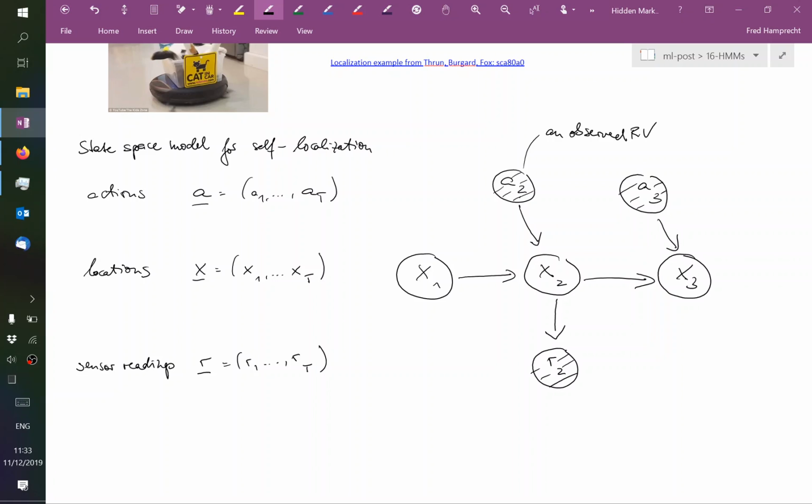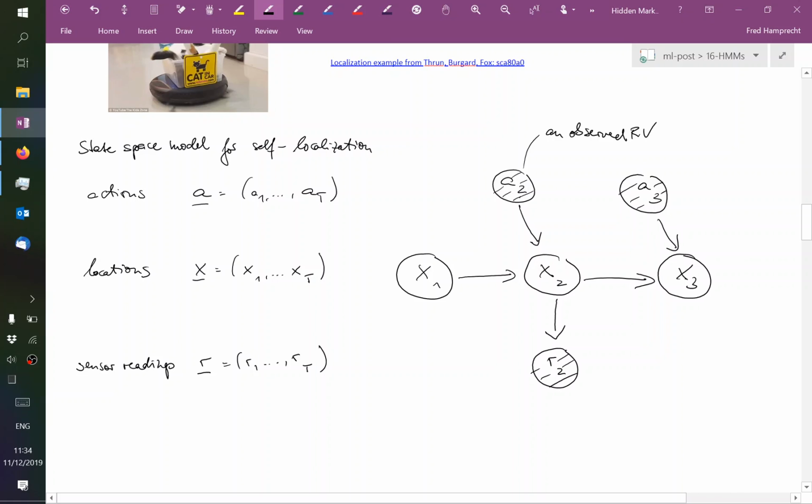So x is where we are, R is what we have measured. Not really, huh? So where we are depends on where we were before, but not what we measured before. So there's no, I'm trying to avoid the word causal, but there's no immediate relation between what we have measured before and where we are now. The only thing that matters is where we were before.